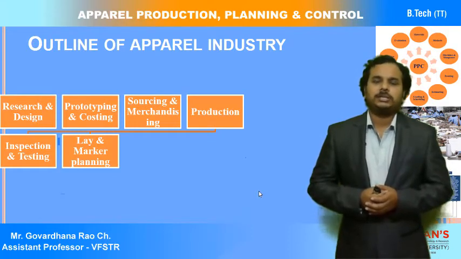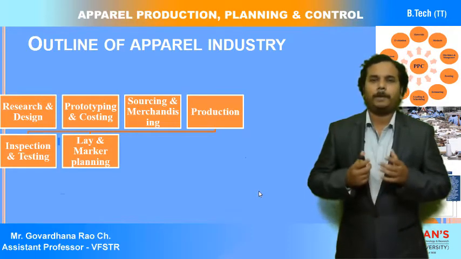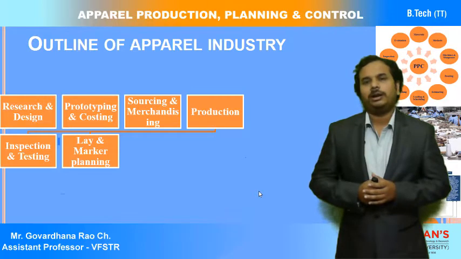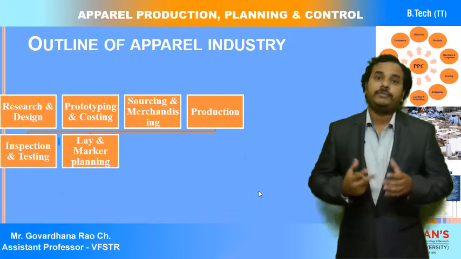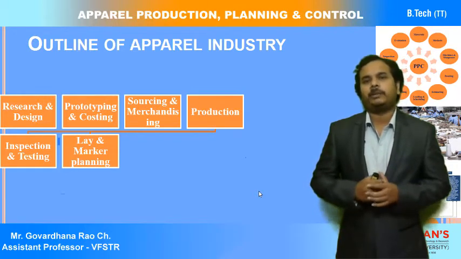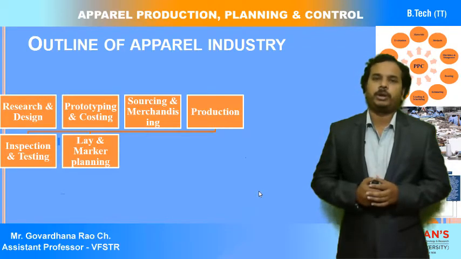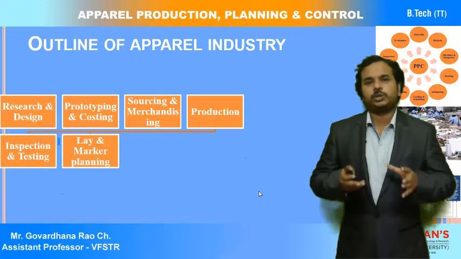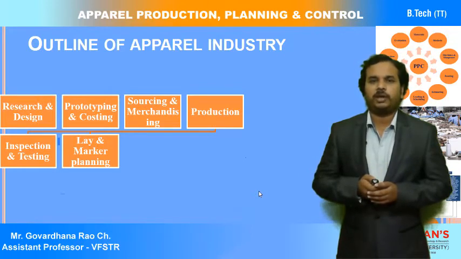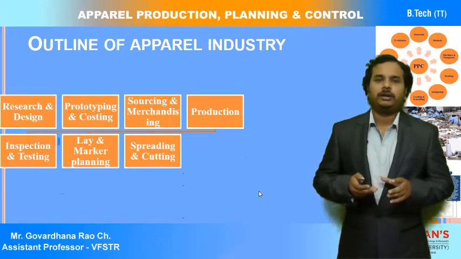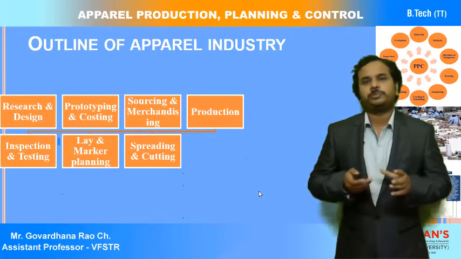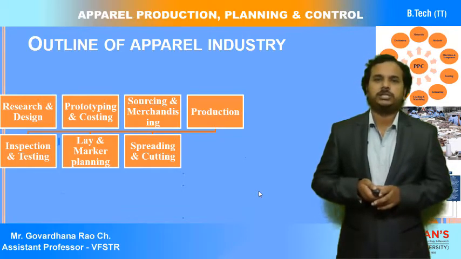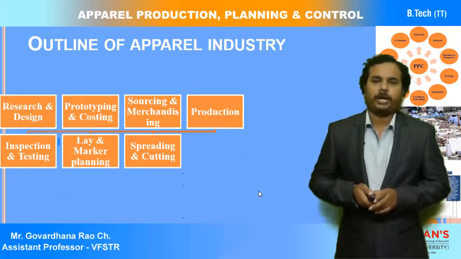Now in the marker planning department or design studio, people are going to prepare the marker as per the requirement of the customer. This is also very important before the cutting and laying department. The spreading and cutting department comes after the marker planning.